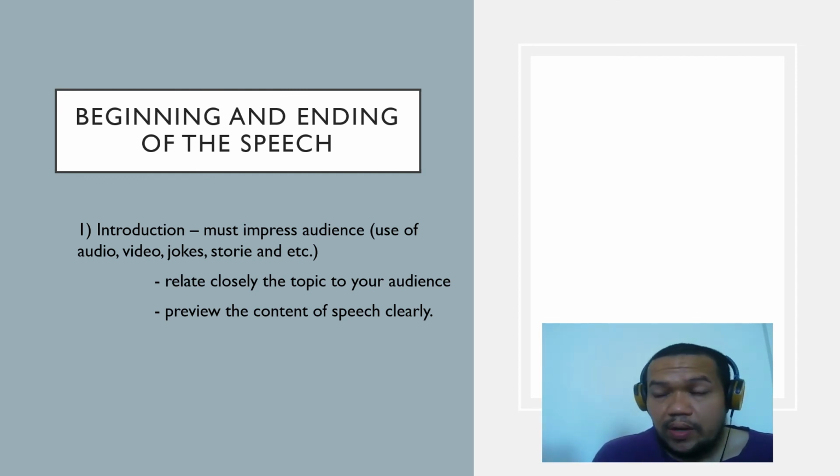That's why we need to analyze the audience. And in the introduction, we must preview or list down the main topics that we are going to explain later in our speech. It must be done clearly.